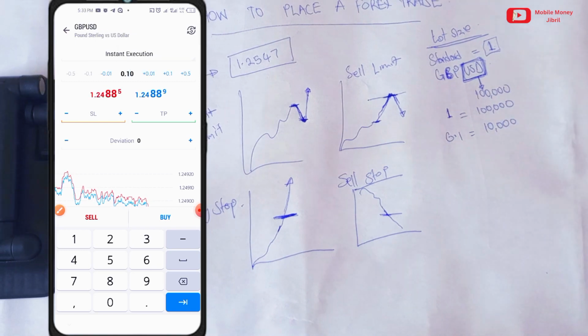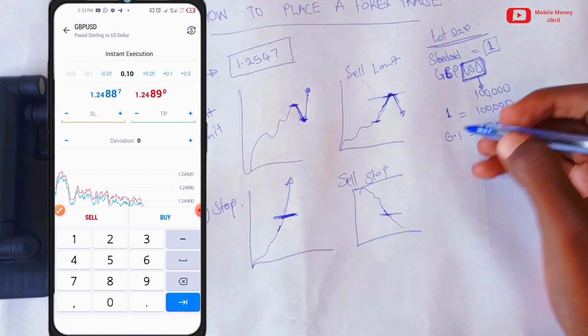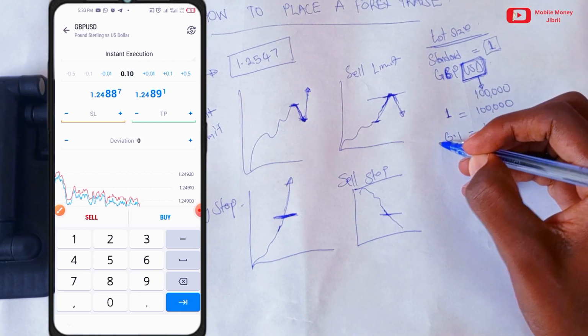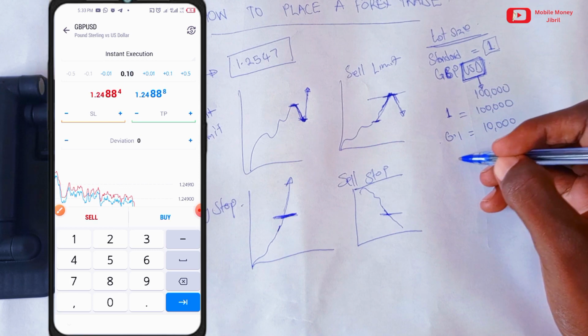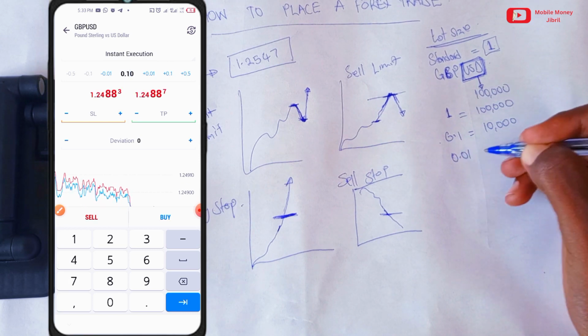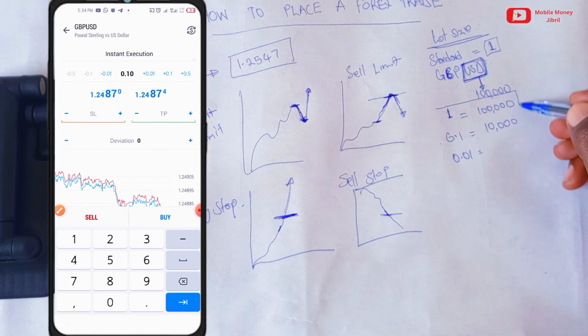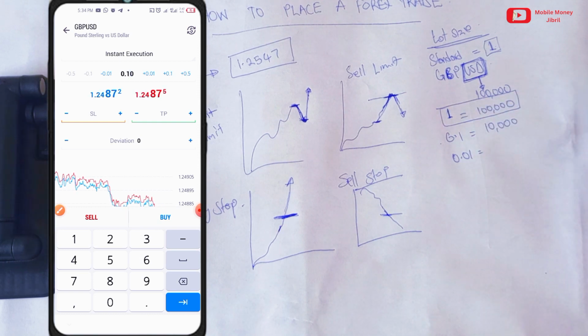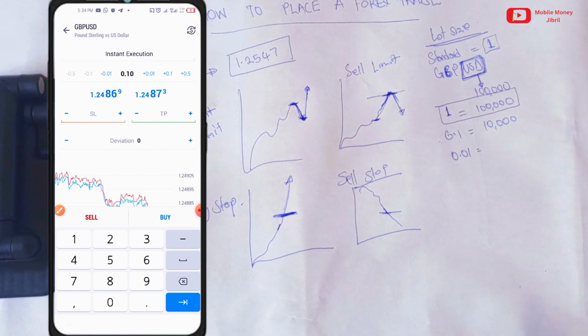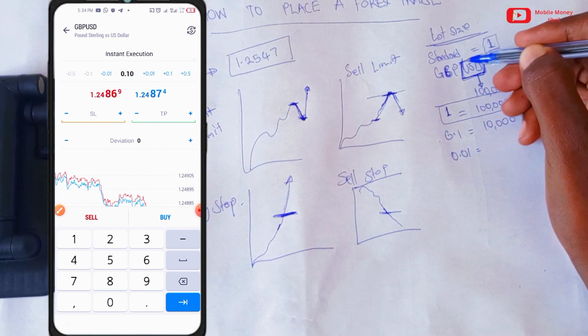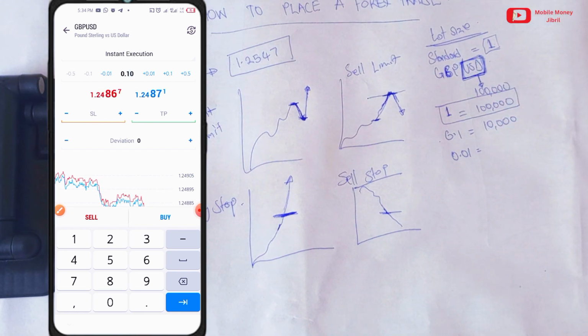Then you have the micro, 0.01. You can have 0.02, any number, but for converting to any lot size, always remember that one standard lot size is equal to 100,000 US dollars, or 100,000 of the second currency in the pair you are trading.